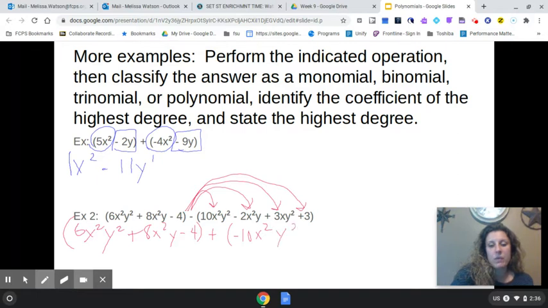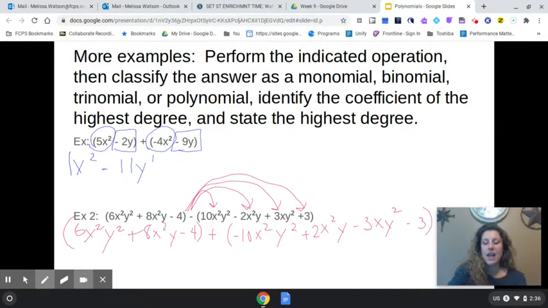If we multiply the negative times the next term, we would get positive 2x squared y. Multiplying the next term by negative, we would get negative 3xy squared. And multiplying the negative times the positive 3, we would get negative 3. So notice, again, every single term in that second parenthesis, in that second polynomial, switched signs.